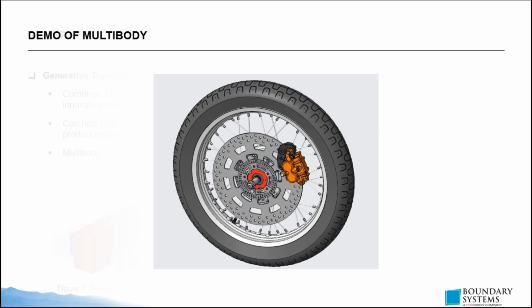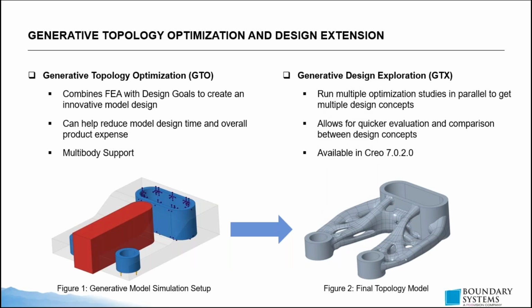Next big topic, we'll go ahead and highlight what's new in terms of the generative topology optimization and design extension. The generative topology optimization is a functionality that PTC included somewhere between Creo 5 and Creo 6, and it's also in Creo 7 as well.